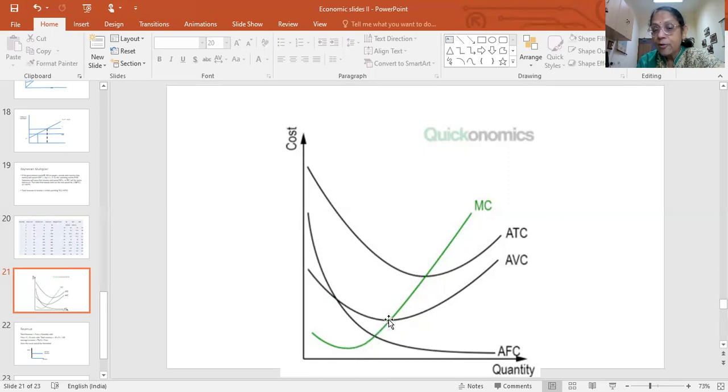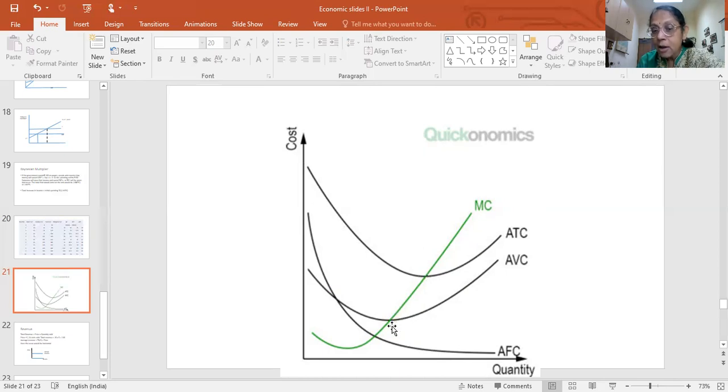It will first hit AVC at its lowest point. So when you are drawing this, always mark the lowest point of AVC. Okay. And pass your marginal cost curve through that. Then it goes on and it hits ATC at, once again, its lowest point. Okay. This comes first and this comes later because ATC would have less and less of AFC also included.